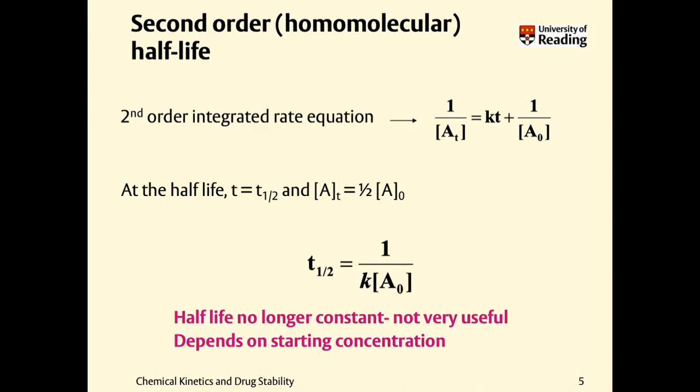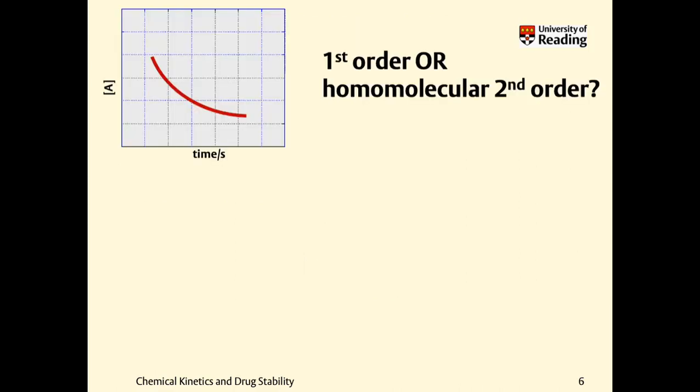So you can see here that you can calculate the half-life, but it does depend on the starting concentration now. It would be constant for a particular reaction, but only at the start of the reaction. It depends on the starting concentration of the reaction. It is not independent of concentration.